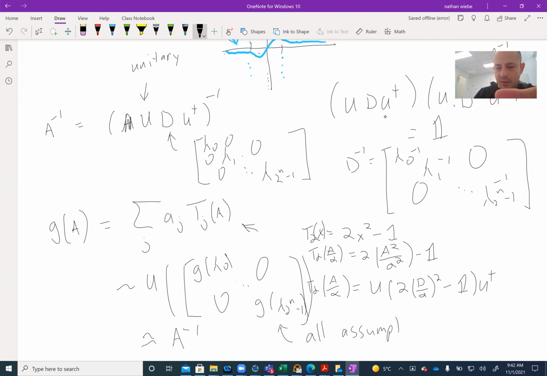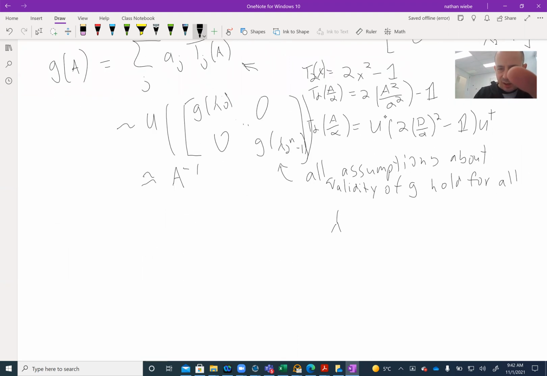assuming that all assumptions about validity of g hold for all lambda i.